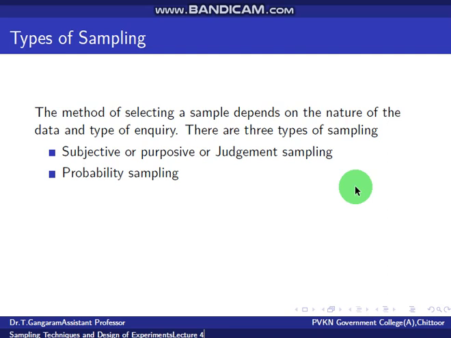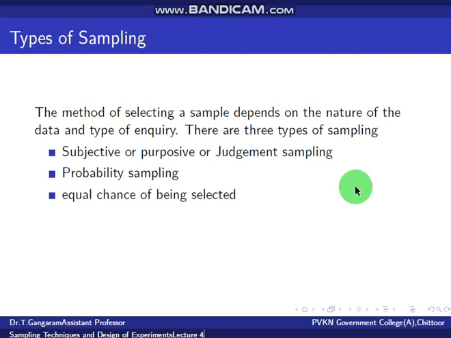The different kinds of probability sampling are: each unit has equal chance of being selected, sampling units have different probabilities of being selected, and probability of selection of a unit is proportional to the sample size.